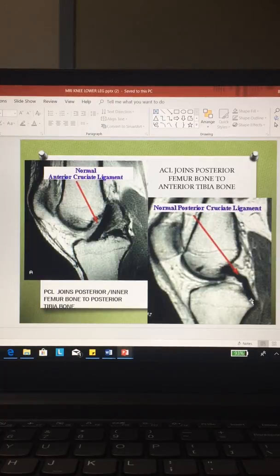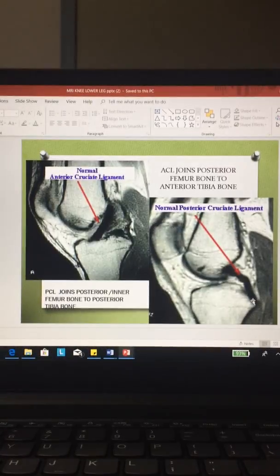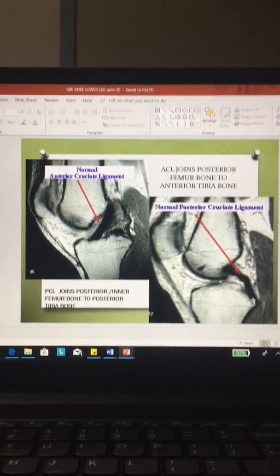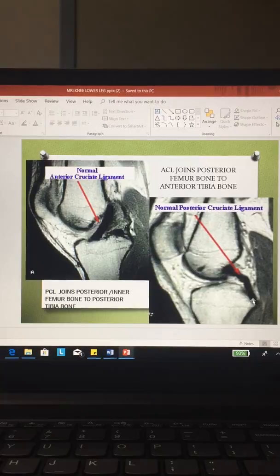And I'll also give you a trick as we're looking at an MRI of the sagittal planes of how you can tell where's ACL versus PCL. Your ACL will always lie laterally to your PCL. So if I'm going through a series of sagittals and I know that my fibula is lateral, right?